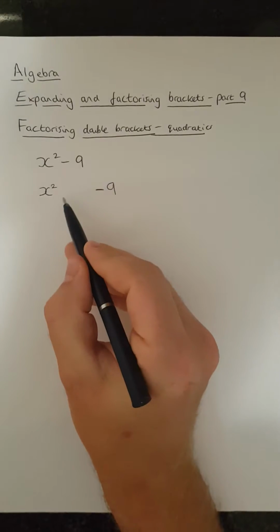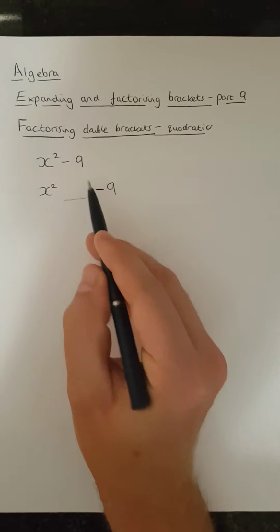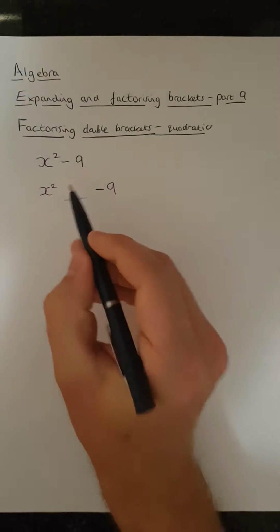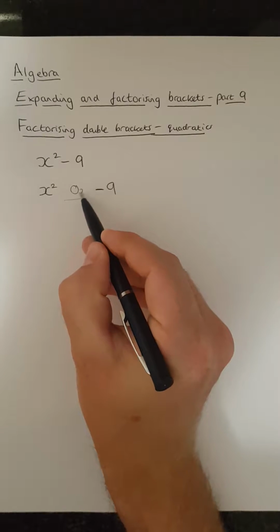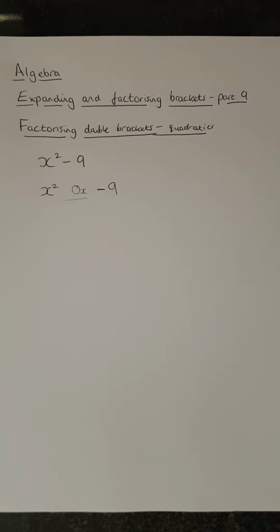How many x's are there in this expression? And I don't mean how many x squareds are there, I mean how many x's are there? There are none. So how do we factorise this expression?